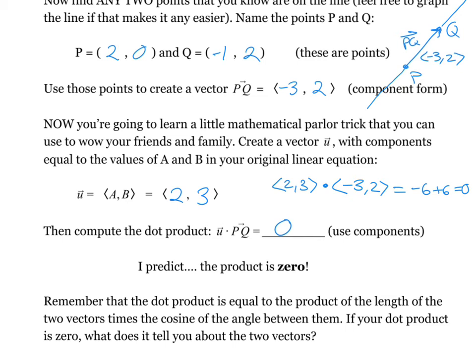Now, I chose 2 random points on the line. And it turns out, I'm not proving this, but we could prove it.